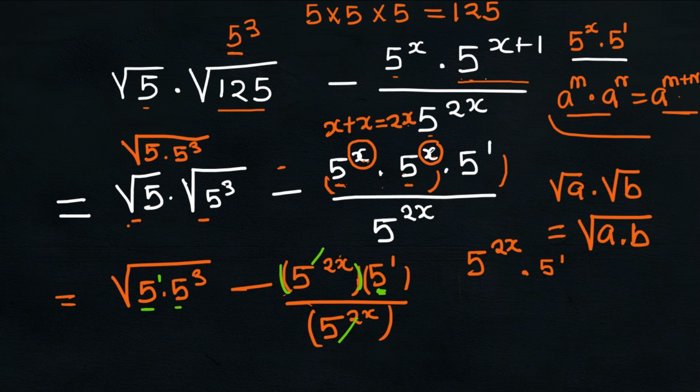So we have 5 and 5 at the bases. If we are multiplying the bases, we add their exponents. So this one is going to be the square root of 5 to the power of 1 plus 3, which is 4. So this is the square root of 5 to the power of 4.